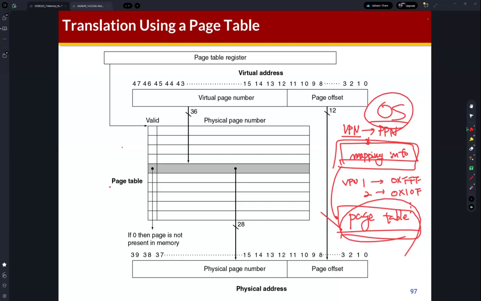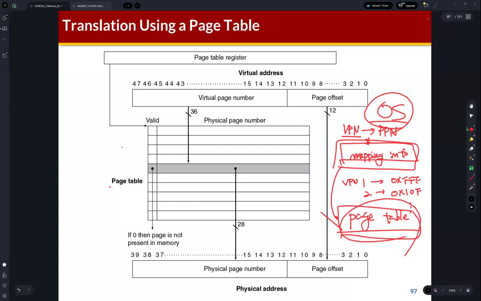So this concept is a little bit tricky, as I mentioned, because the operating system also manages this virtual memory support, and the hardware also supports this virtual memory concept. So it looks like this.